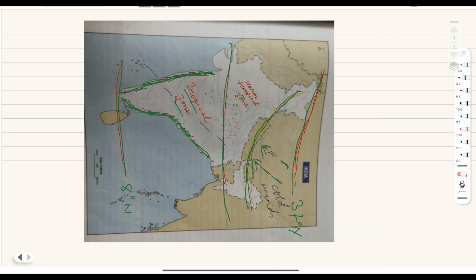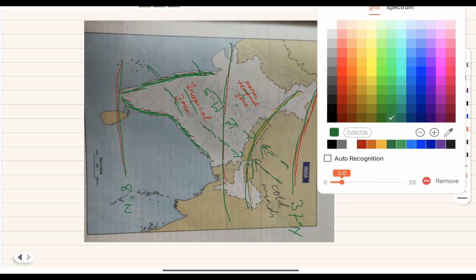At the same time, Himalayas stop the southwest monsoon and thereby India has got rainfall. So this is our southwest monsoon winds. Okay.